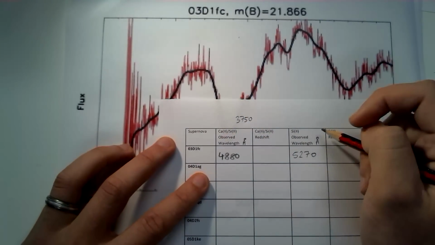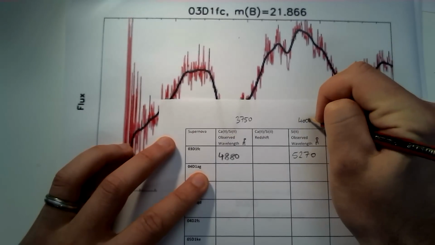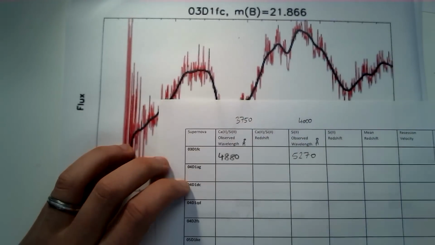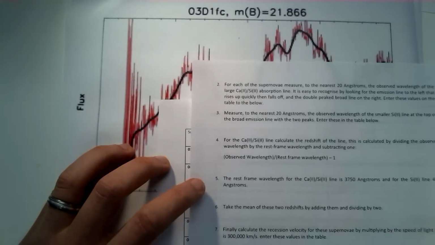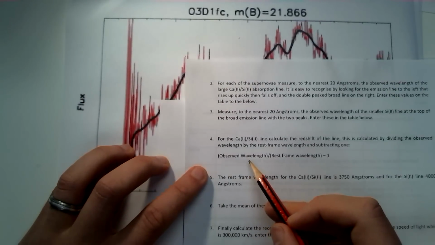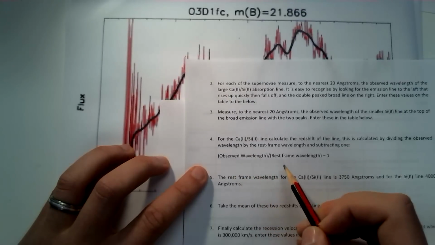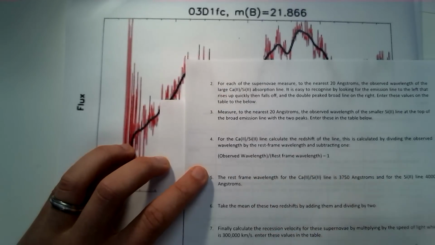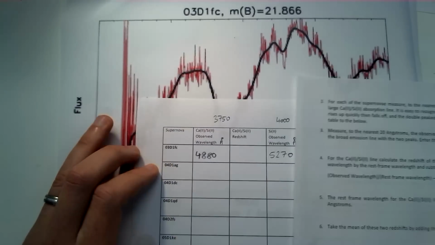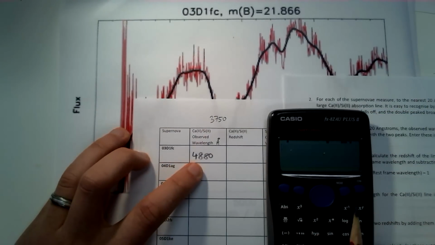And the rest frame wavelength for this absorption line is 4,000 angstroms. Now we can use this equation here, given in the assignment. We work out the redshift of the lines by dividing the observed wavelength by the rest frame wavelength and then subtracting 1.